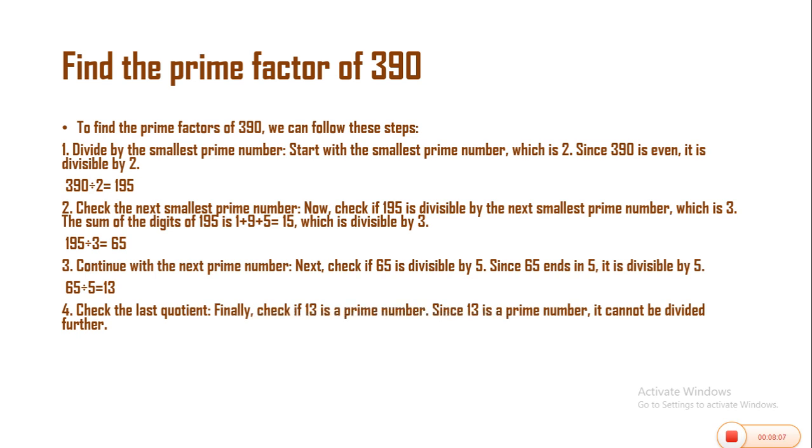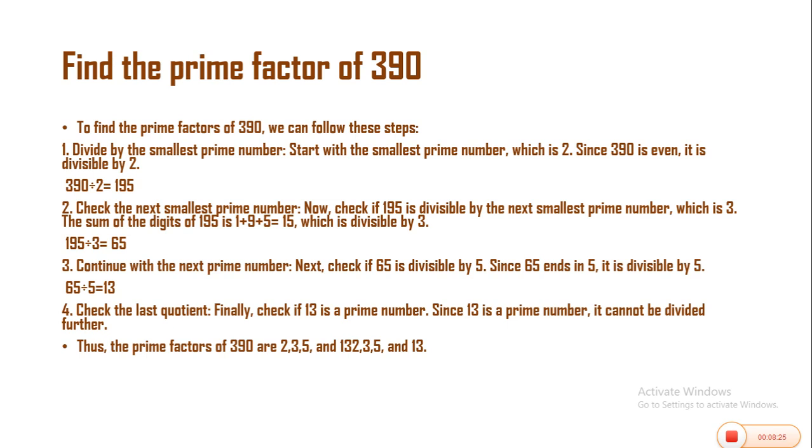The last quotient, 13, is a prime number. Since 13 is a prime number, it cannot be divided further. 13 can only be divided by 1 and itself. So we've come to the end of the division.